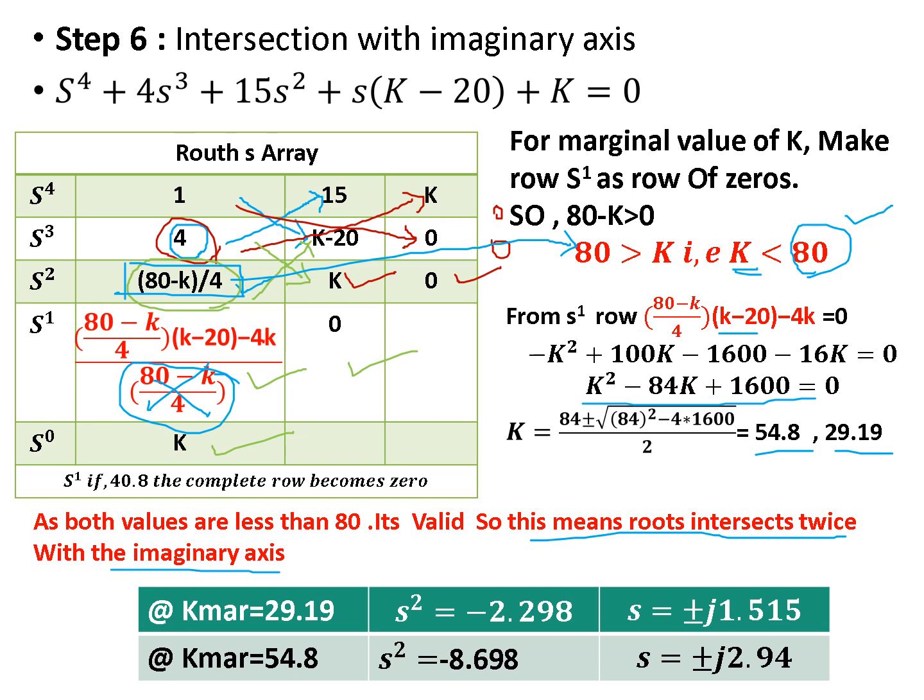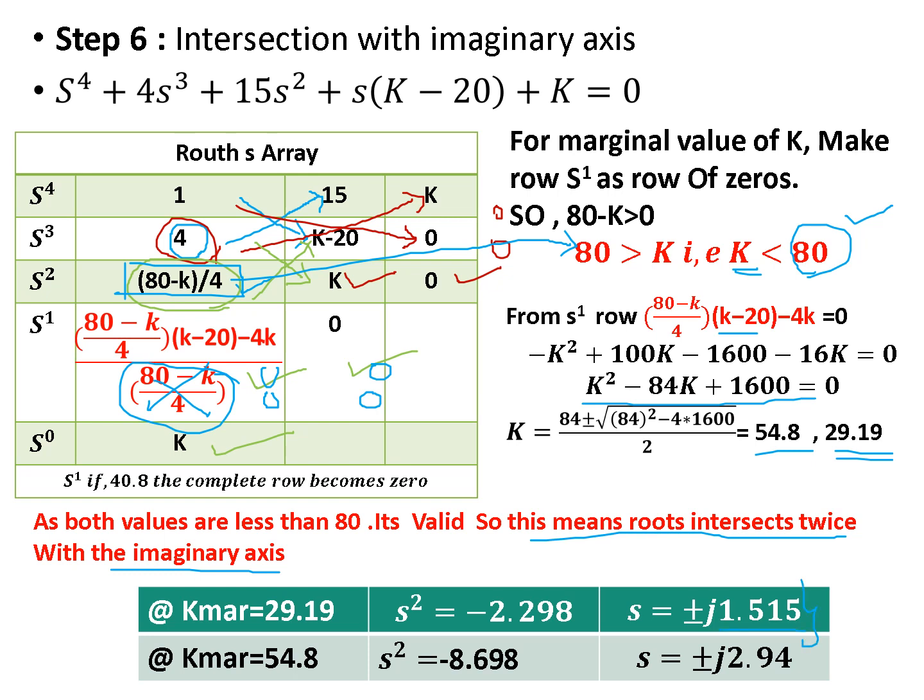And one more important thing is that when I substitute the value of k as 54.8, I get a marginally stable system. Again, when I substitute 29.19, I get again a marginally stable system. So if k marginal is equal to 29.19, the values that I get for s is plus or minus j 1.515.